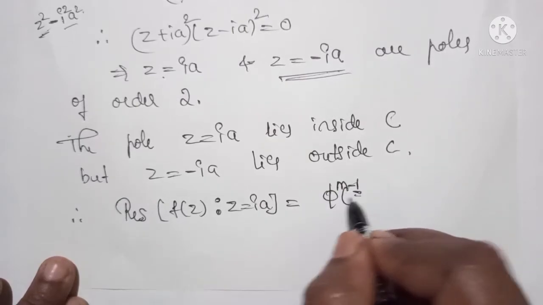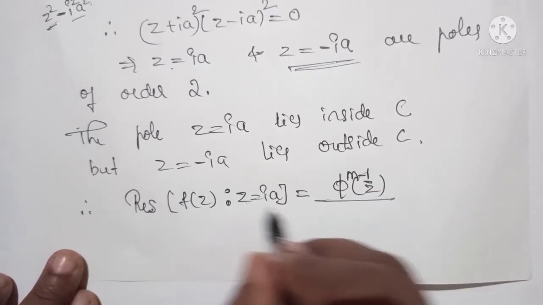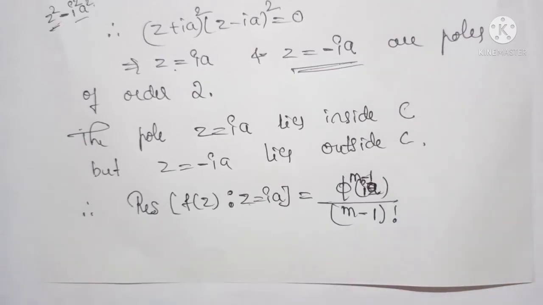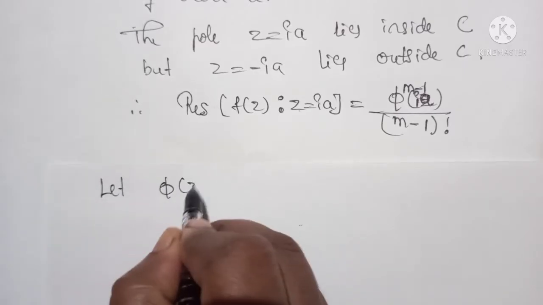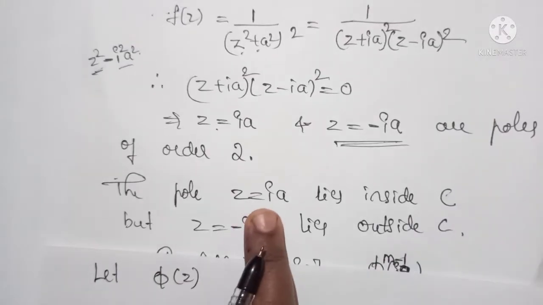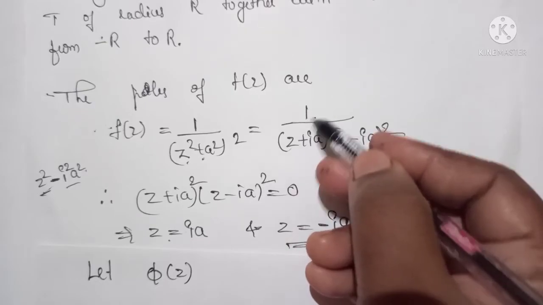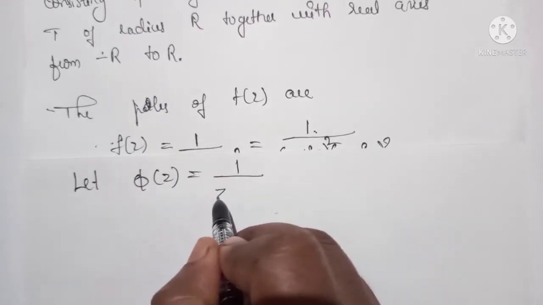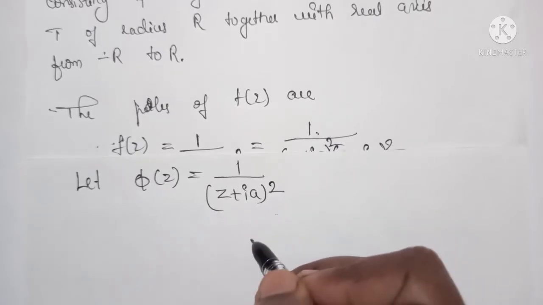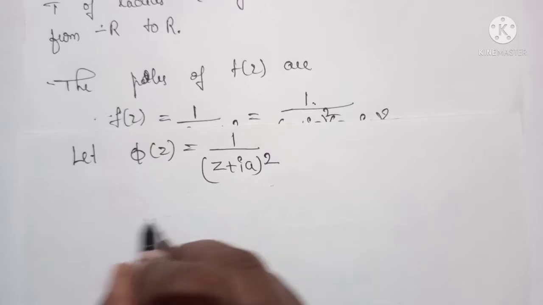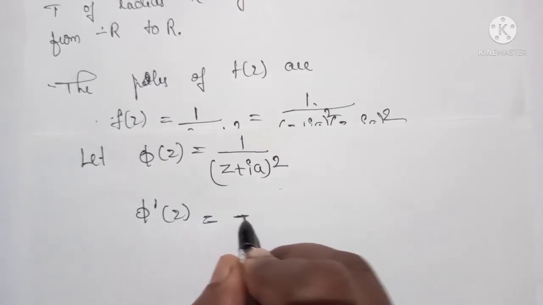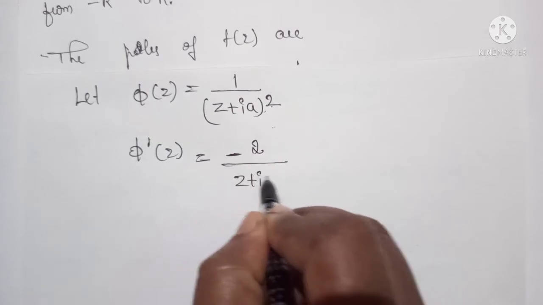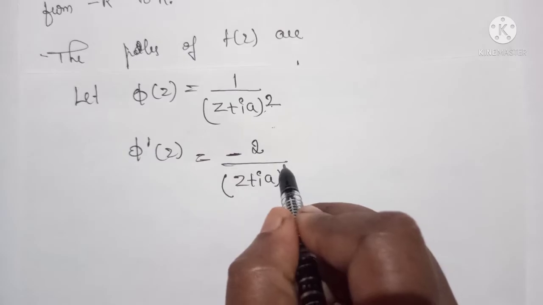Let phi of z equal 1 by (z plus ia) whole square, since we are finding the residue at z equals ia and we take out the factor for that point. Differentiating, phi dash of z equals minus 2 divided by (z plus ia) whole cube.